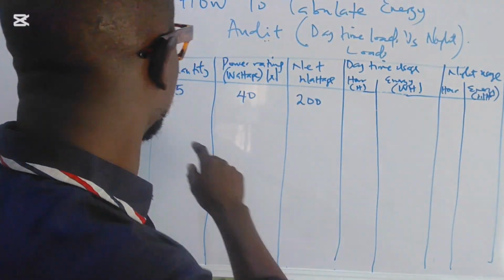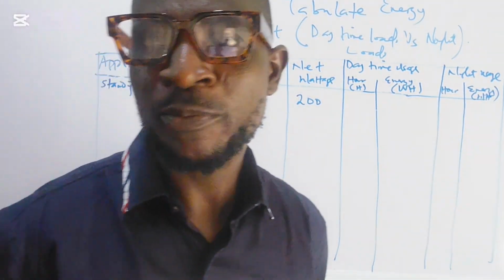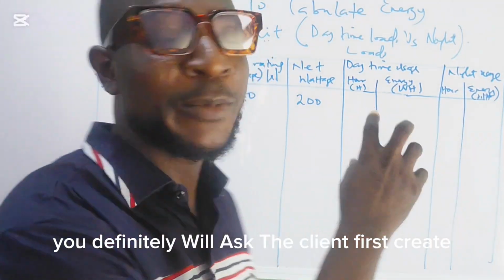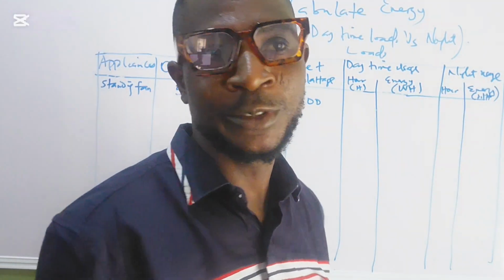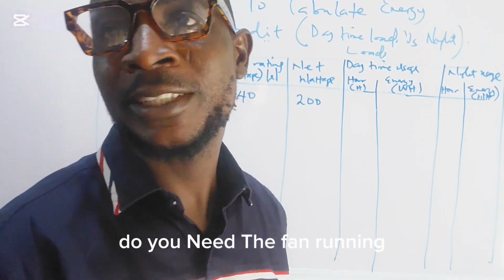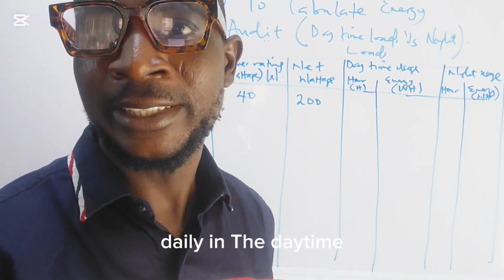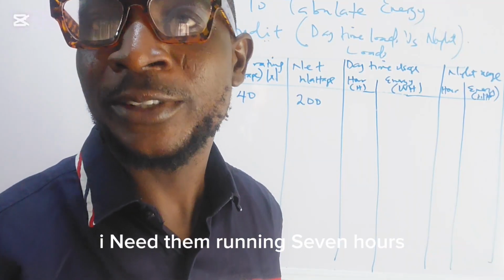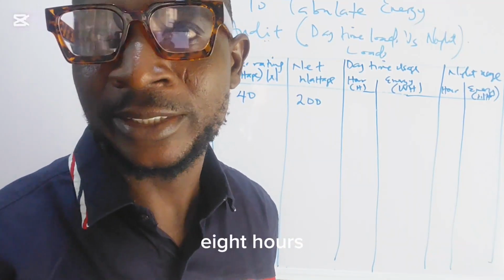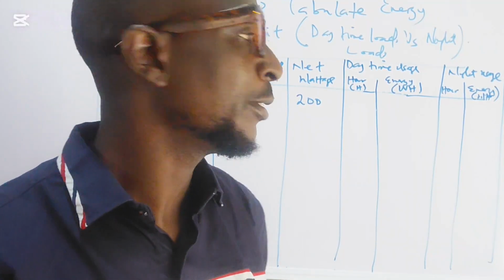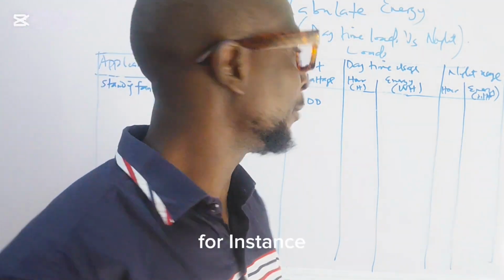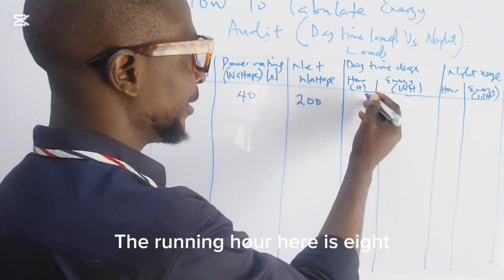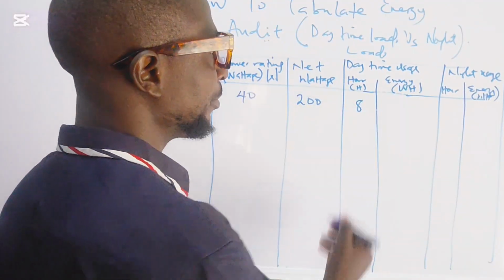So let's say this standing fan, you definitely will ask the client first, how many hours do you need the fan running daily in the daytime? The client will tell you, I need them running 7 hours, 8 hours in the daytime. So it is 8 hours, for instance, then the running hour here is 8.